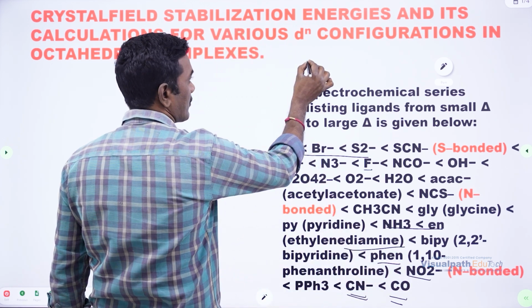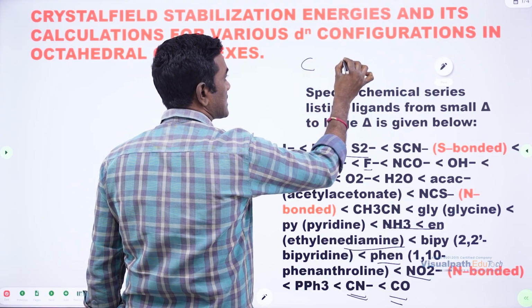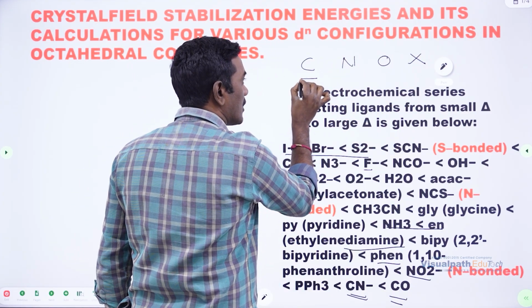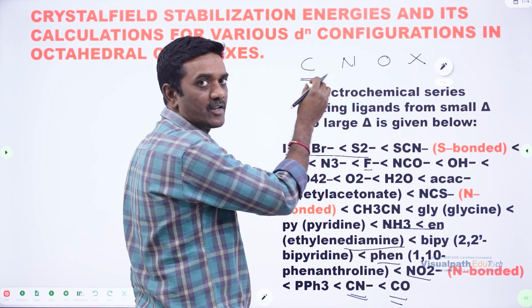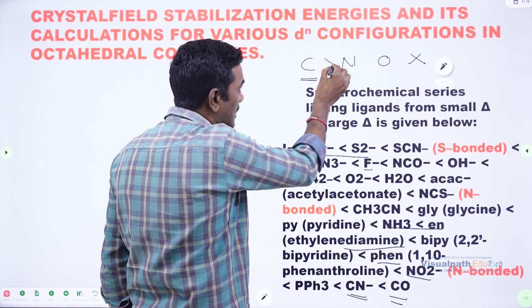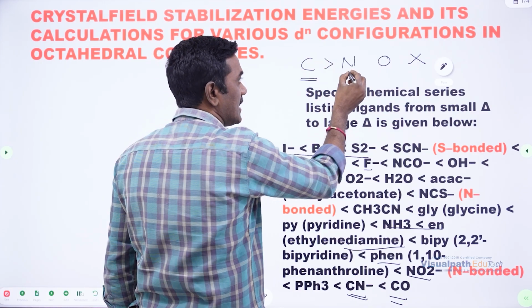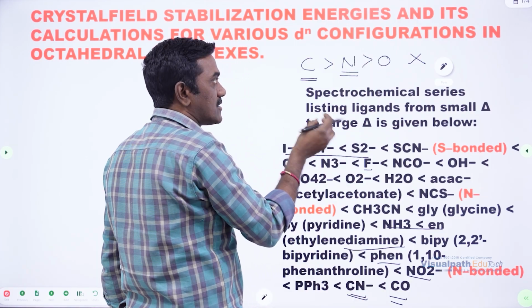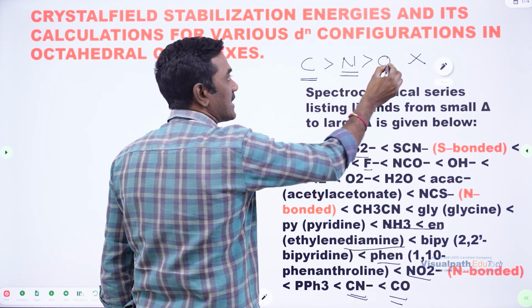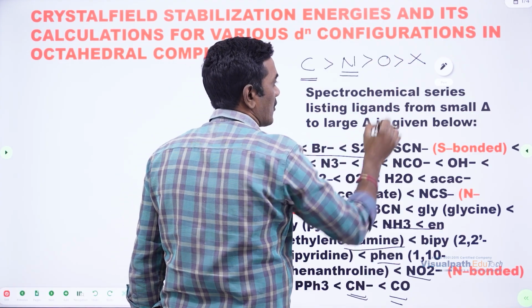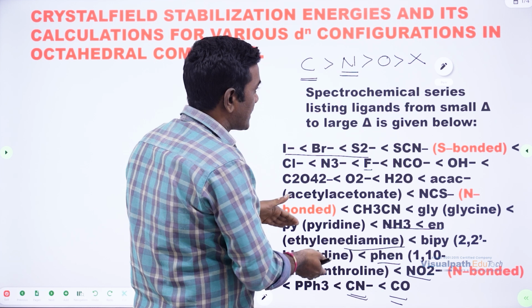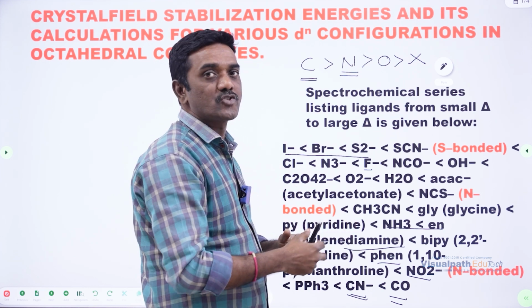So from here we can conclude: C, N, O, X. The one attached through carbon is a strong ligand, then the one attached through nitrogen, then oxygen, and then halogen. This is the series of ligands arranged based on strength.